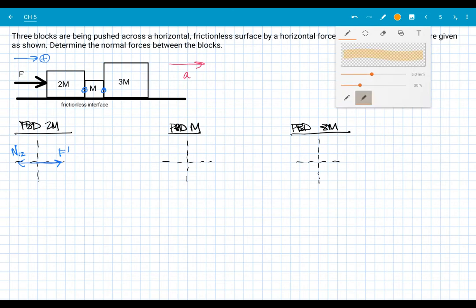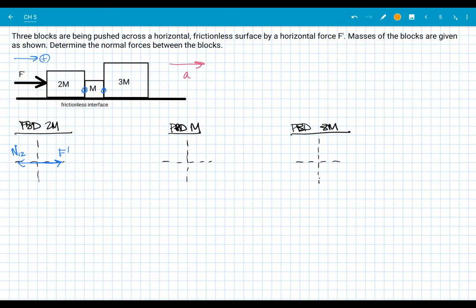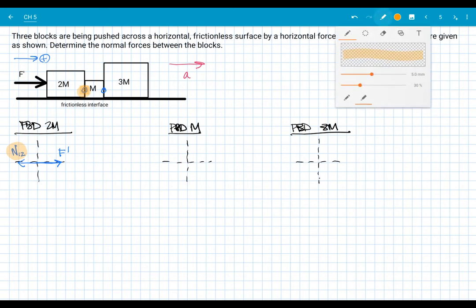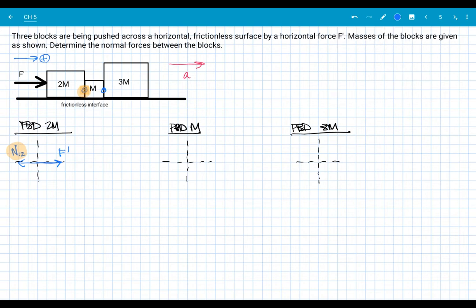I'm going to go ahead and highlight that. I want to try to use colors to keep track of this. So this normal force 1, 2 is referring to the interface between blocks 1 and 2, or the block M and 2M there. Other forces on the 2M block, no other forces that we're going to use in our analysis, but technically its weight is definitely downward, 2mg.